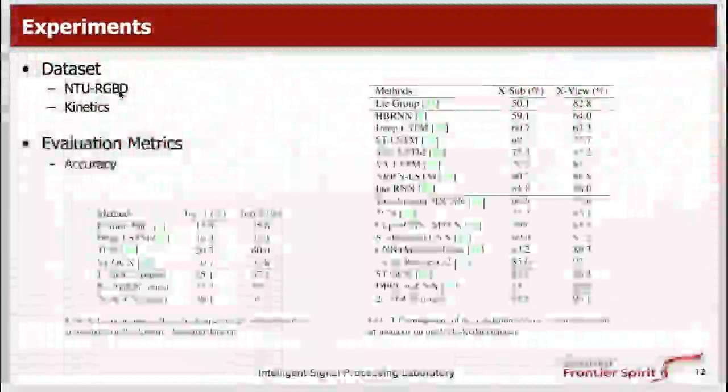It's no more than 10 seconds. Okay, and are these samples of the same person or different people? And also, does it have different angular views? Yeah. There are a total of 40 volunteers performing.